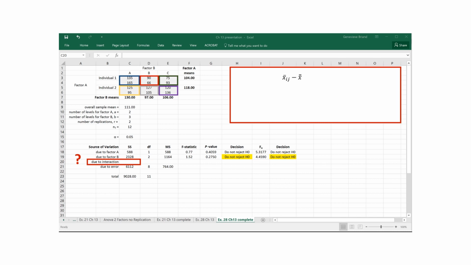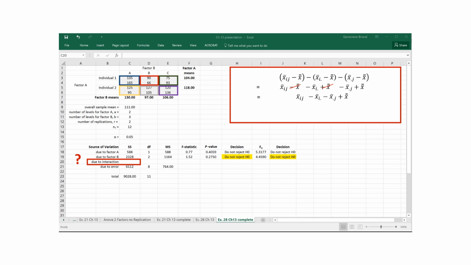Let me restate that we want to look at the deviation that only comes from the interaction effect of factor A and factor B. So from each deviation, we subtract or factor out the deviation explained by factor A alone and the deviation explained by factor B alone. That's what we get.